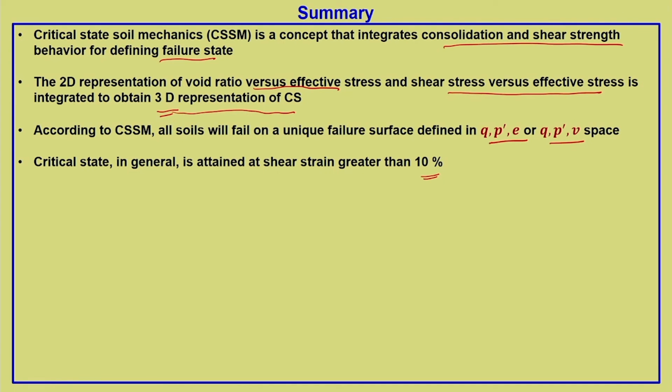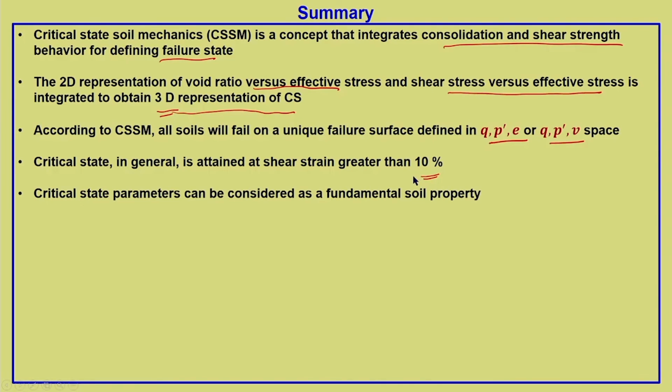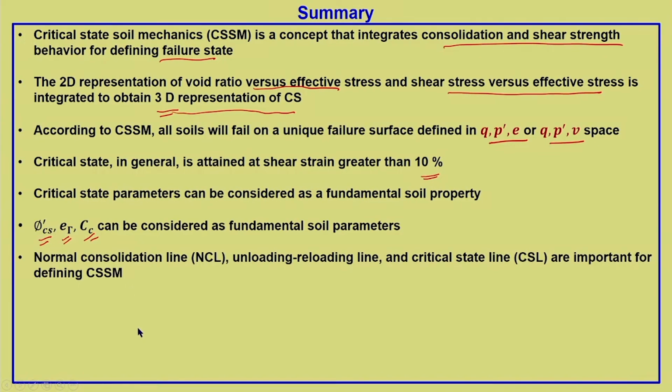So, in general less than 20% is the understanding. Critical state parameters can be considered as fundamental soil properties. Accordingly, phi'cs, e-gamma and lambda can be considered as fundamental soil parameters.